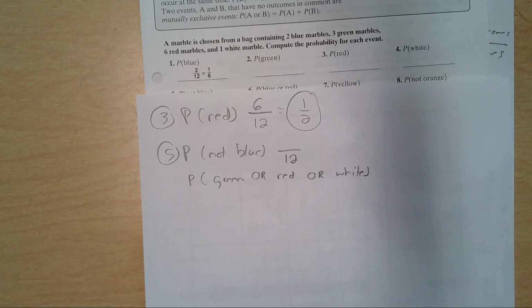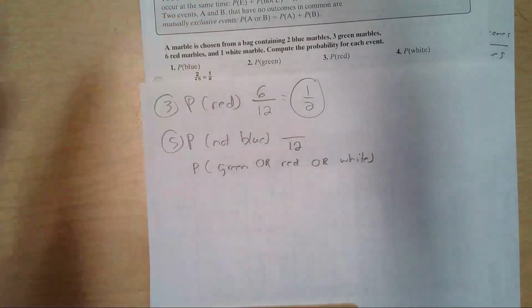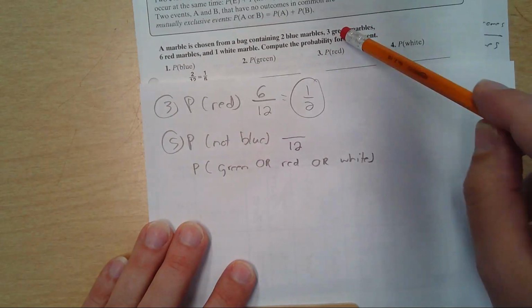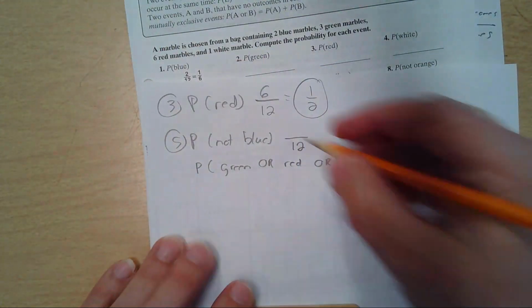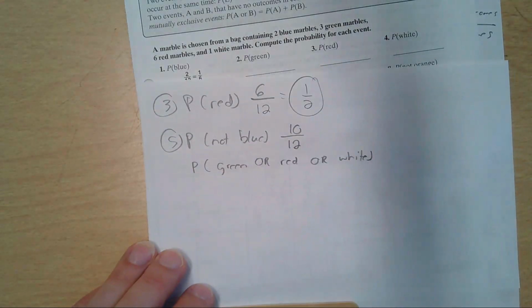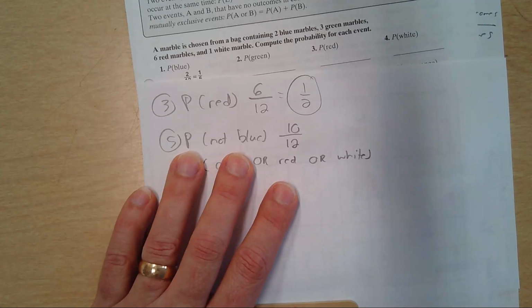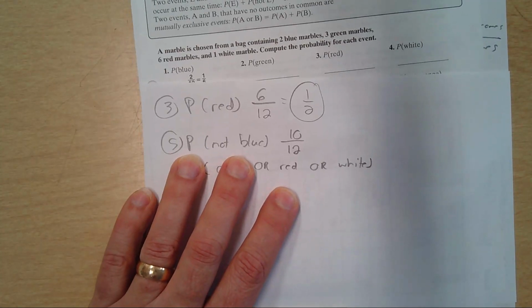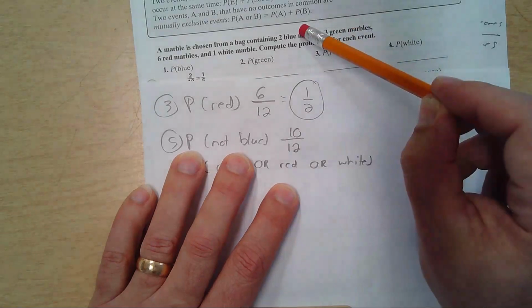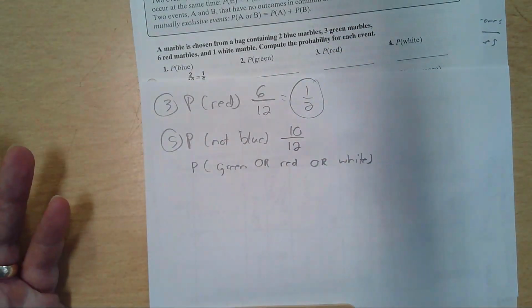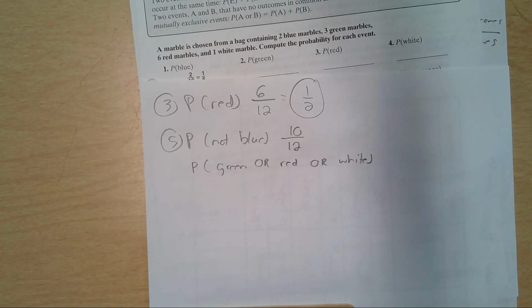These are one and the same as what I just wrote here. So you can figure it out two different ways. You can count up the green, 3 plus 6 plus 1, there's your 10. Or you can just know that there's 12 total outcomes. If I just subtract off the blues, the losers in this case, 12 minus the 2 blues also gives me 10. So you can either add up all the other things or just subtract whatever you don't want to have happen from the number of total outcomes.